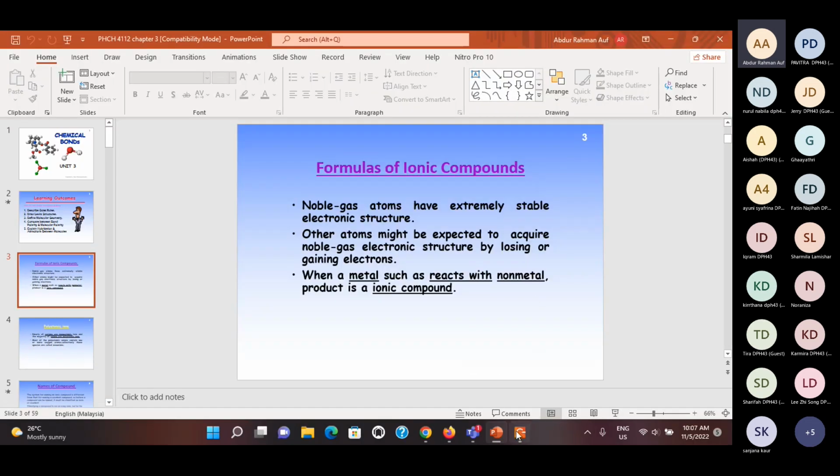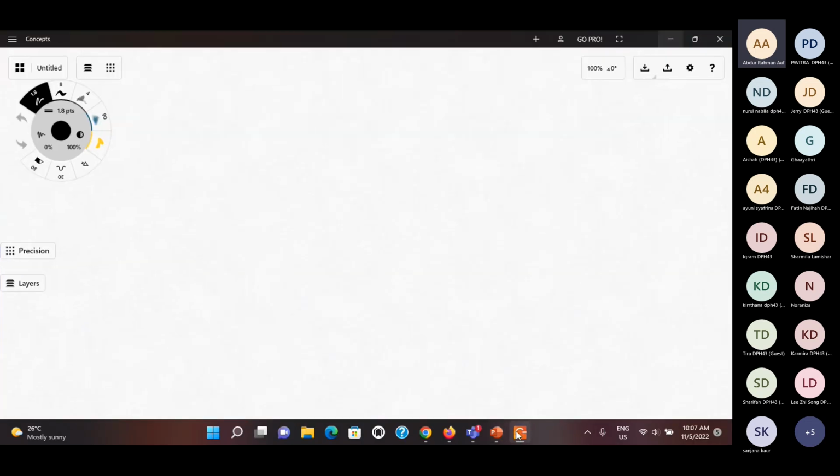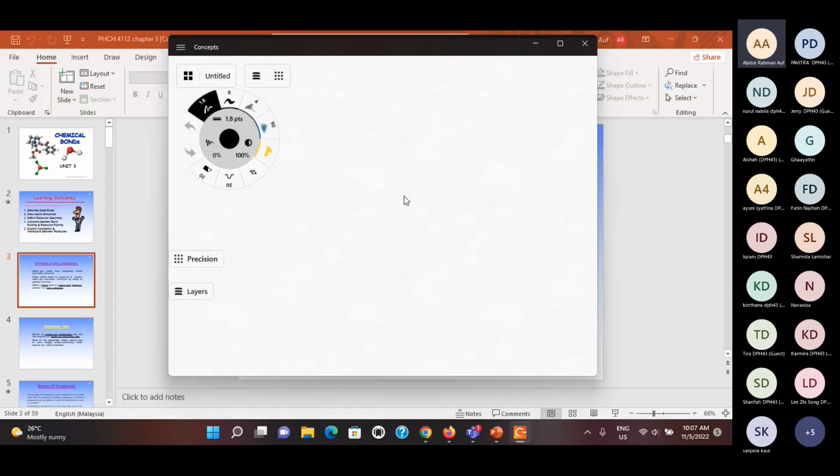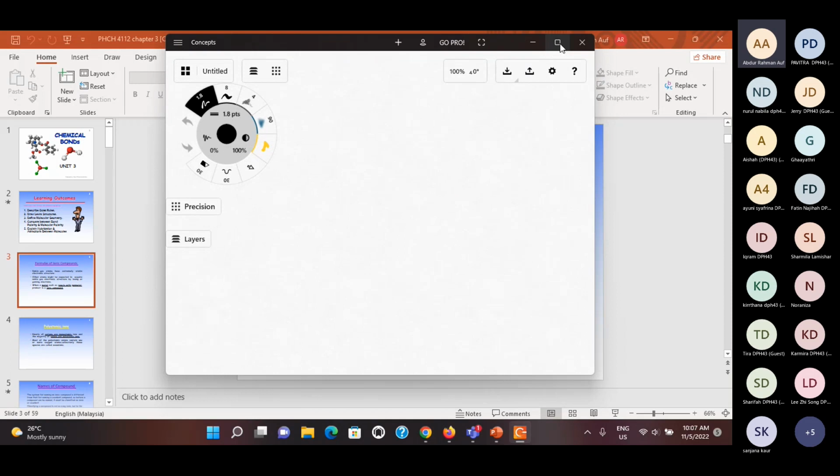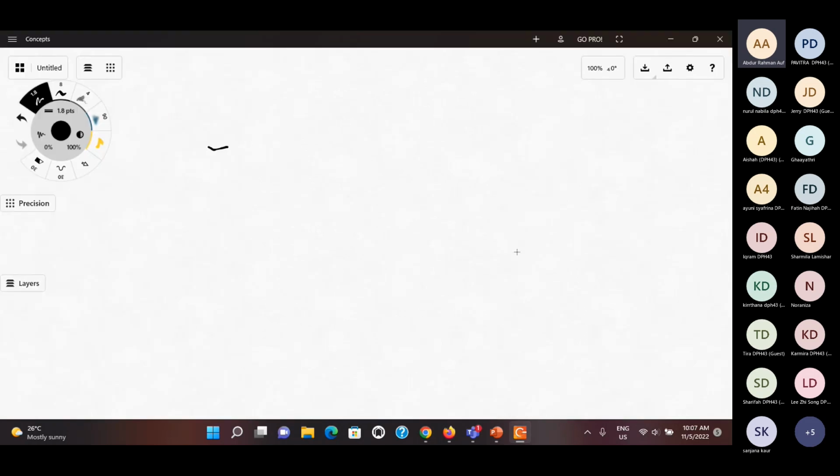Okay. So for example, H2O molecule, this is what it looks like. Oxygen satu kat sini, and this is hydrogen, and this is another hydrogen. Kat sini kita ada 2 lone pairs.